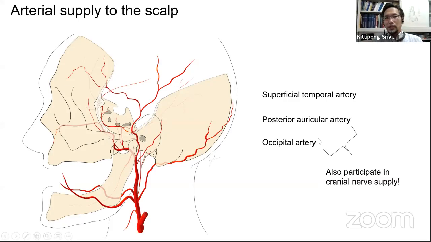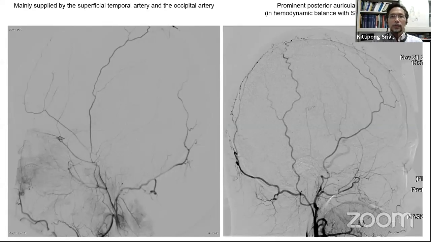And of these 2 vessels, the posterior auricular artery is a very small vessel over here, arising a little bit proximal to the STA, and also the occipital artery, which mainly goes to the skin. It also participates in the cranial nerve supply, which is very important to recognize. So the supply to the skin is not a big deal.